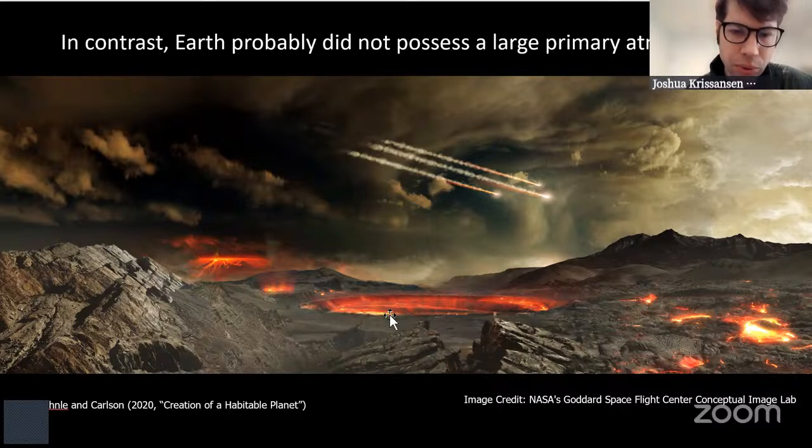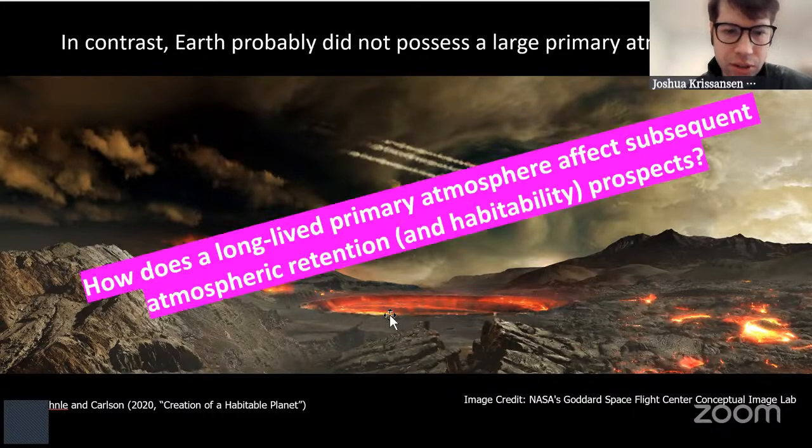If Earth is a bit weird in this way, in that rather than getting its volatiles from a large primary atmosphere, it accreted them from chondritic material, what might be the implications of losing a primary atmosphere for all these other rocky planets that are out there?